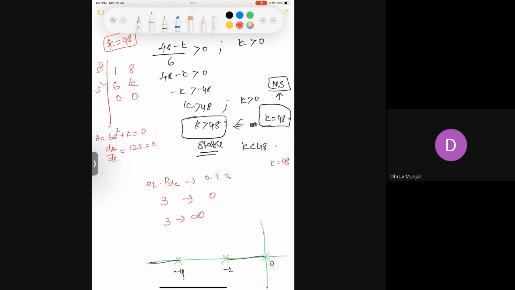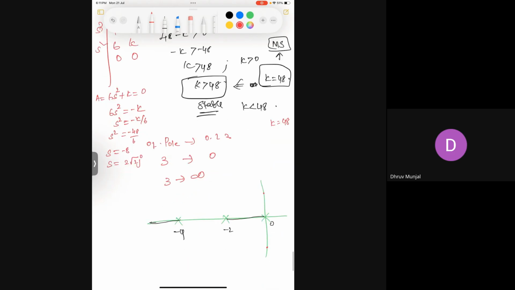We are not going to find the root with that. 6s squared is equal to minus K, so s squared is equal to minus K by 6. K equal to 48 right now, so 48 by 6 gives 8. So s is equal to plus or minus 2 root 2 j. So at this point, it is crossing the imaginary axis. I just missed this point.